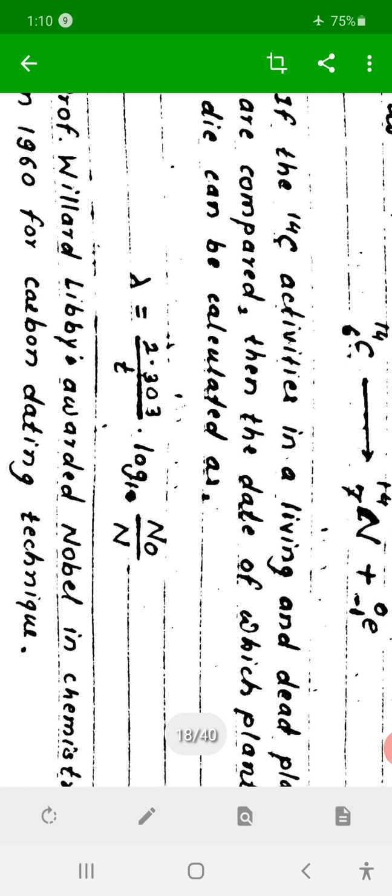Activity, we already know, is directly proportional to the amount of the radioactive element. In the living wood of a living plant, that amount is more, therefore N0 is greater than N, because in the wooden piece, because of the decay process, the amount is less as compared to the living plant.